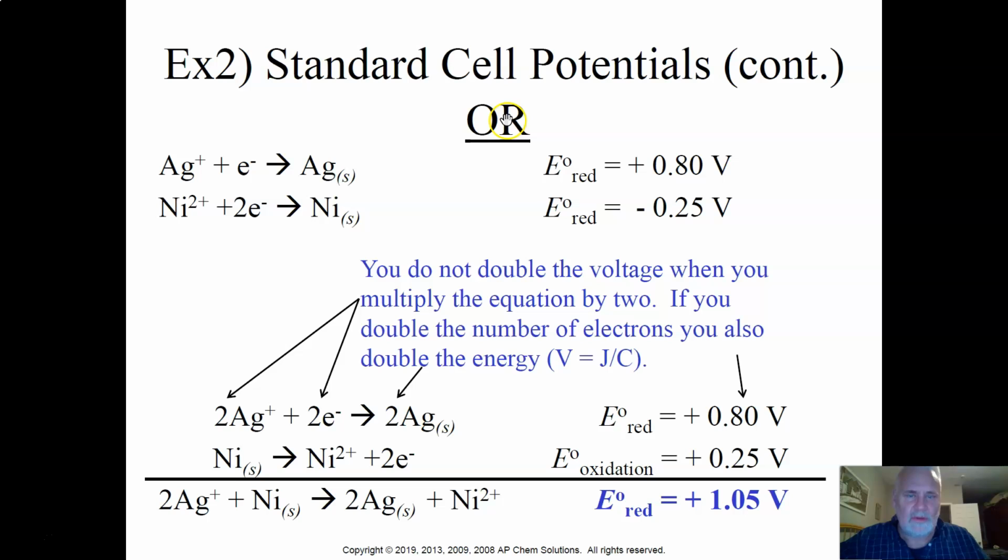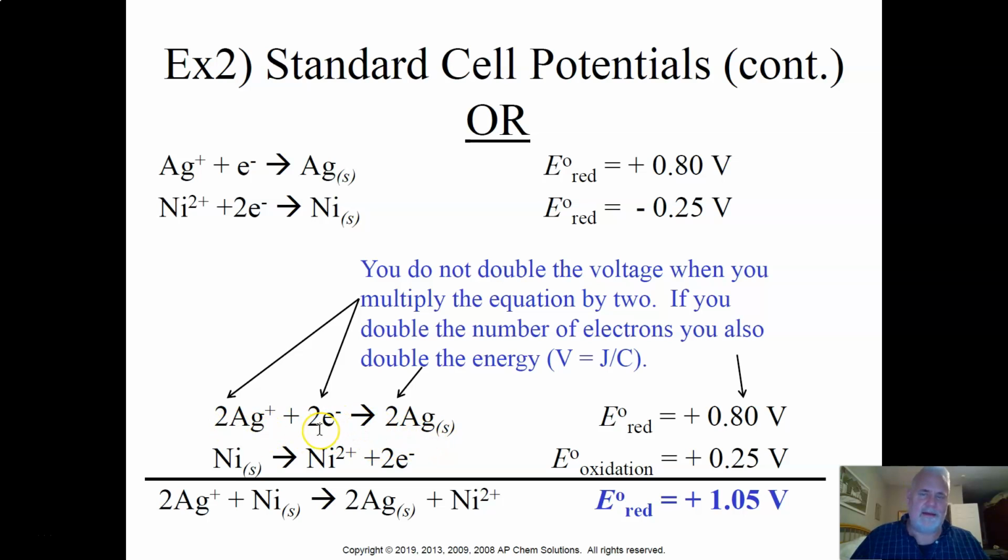Okay, so the other way of looking at this is to balance the charges gained and lost, and you might see it in this format right here, where it's 2 silver ions plus 2 electrons gives you 2 silvers. And then notice it did not change the value. One of the things that people sometimes forget is that this is one of the few times you get to ignore the coefficients.